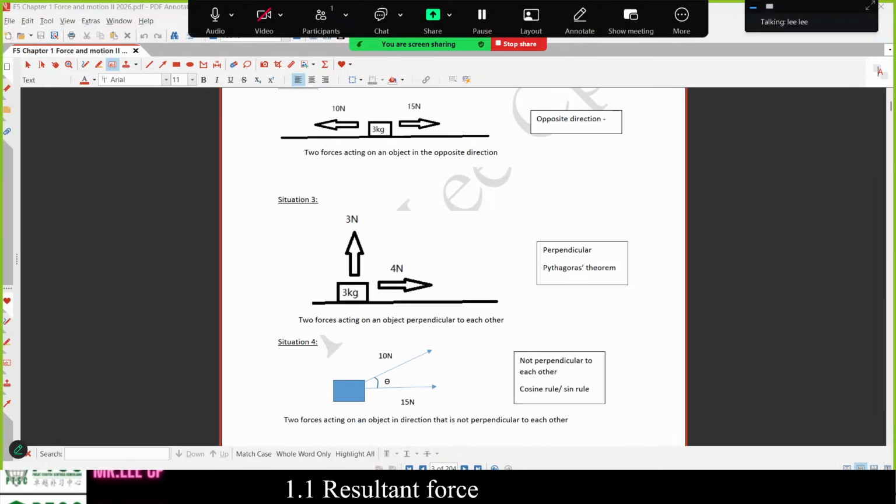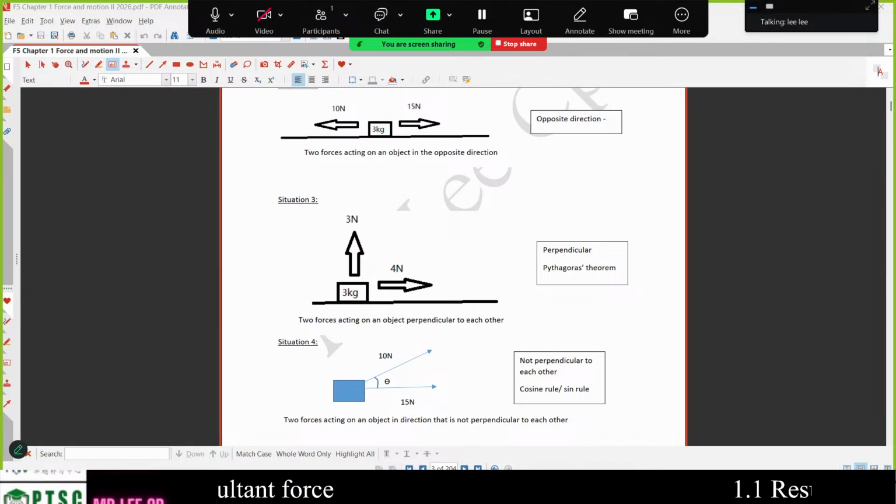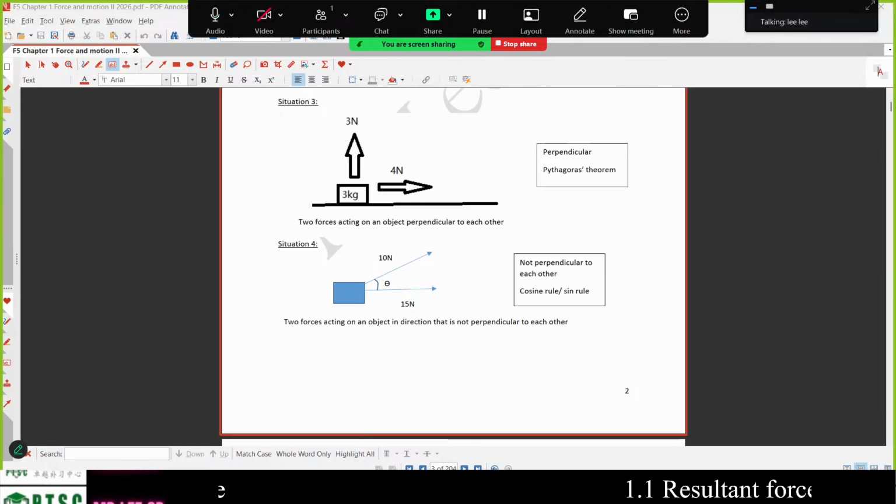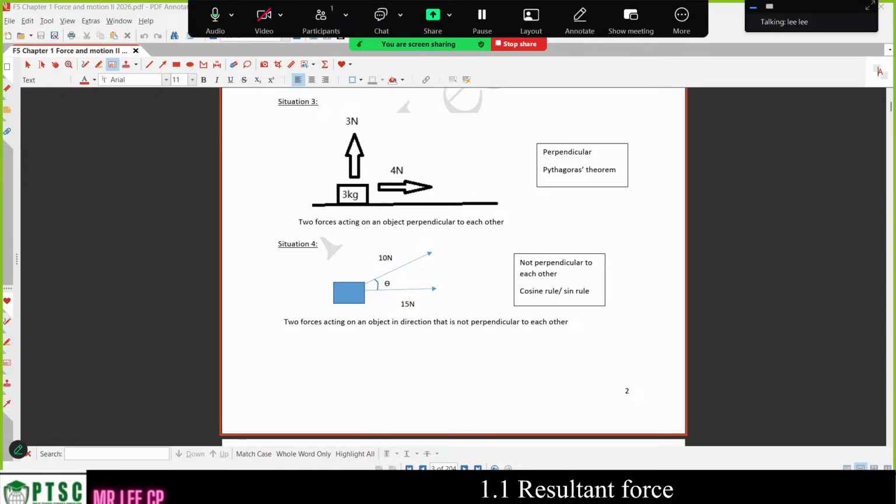Next, if the directions are perpendicular to each other, you need to use the Pythagoras theorem. We are going to see it in detail maybe next week. And if the directions are not perpendicular, not opposite, not the same direction, but random with an angle, you need to use the sine rule or cosine rule to solve this problem.